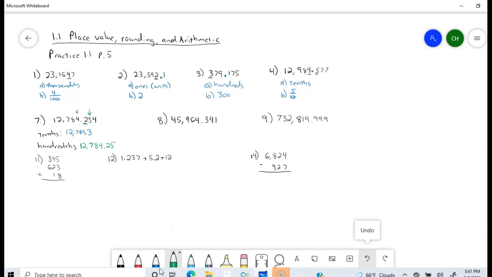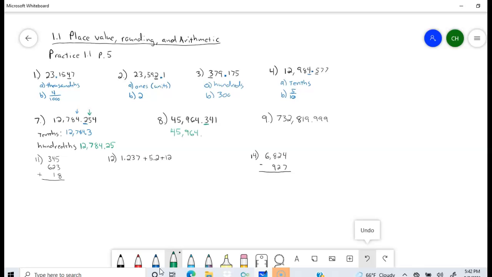Number 8 wants us to do it to the tenths first. This one is our tenths right here. So it's going to be 45,964 point.